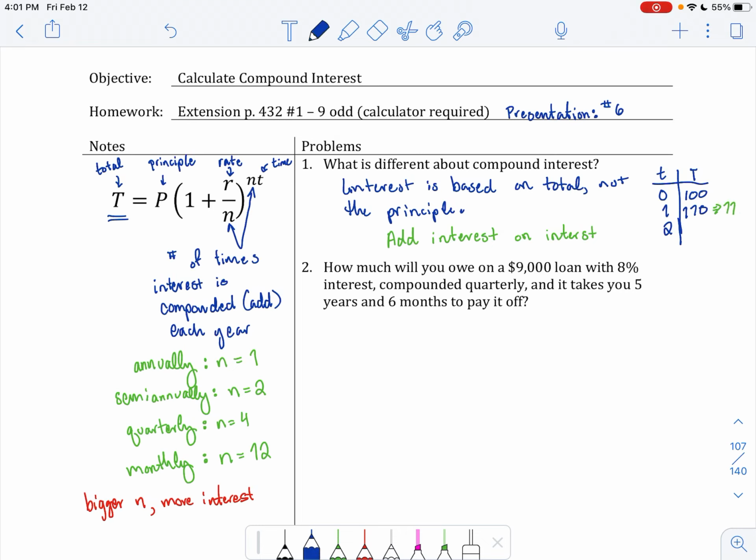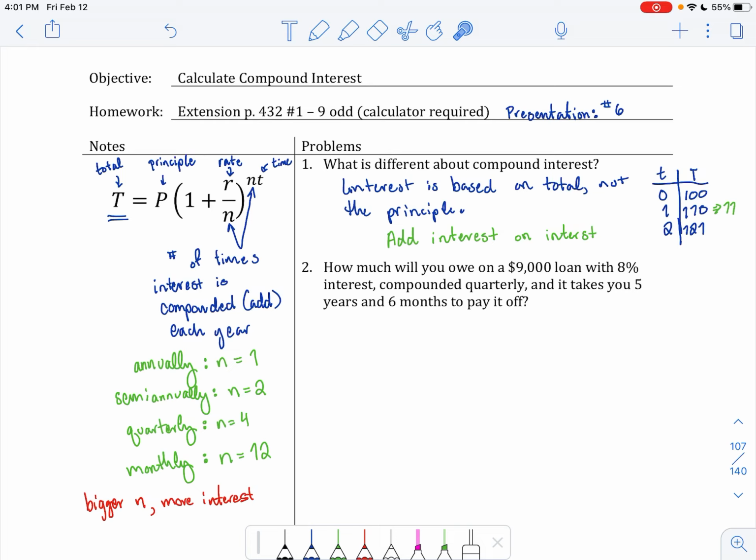So after 2 years, I would have $121 versus $120, which is what it would be with simple interest, because then it's just $10 every year, versus compound interest, where we're adding on based on the last total, not just the original amount. So you end up with more interest. You have a higher total with compound versus simple.